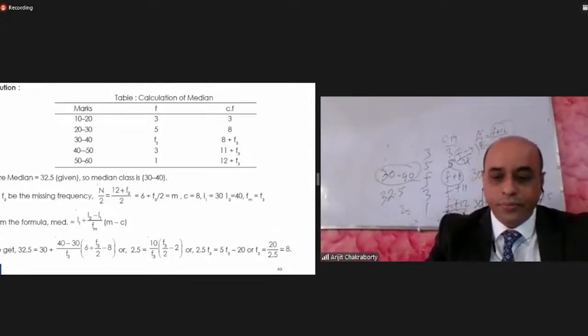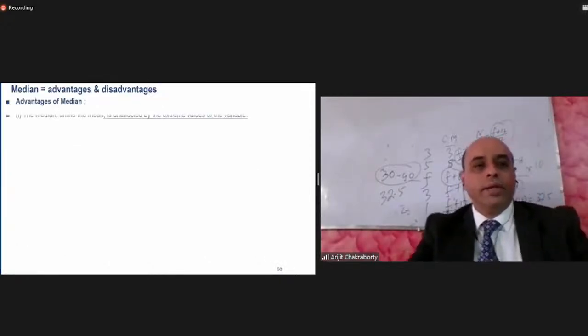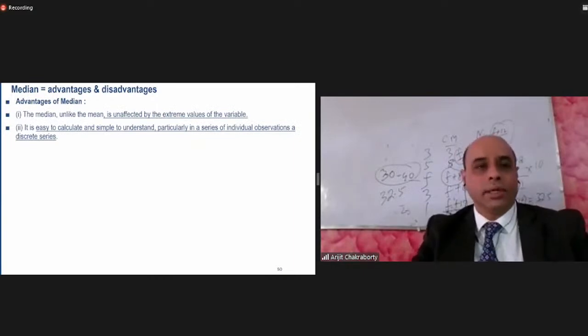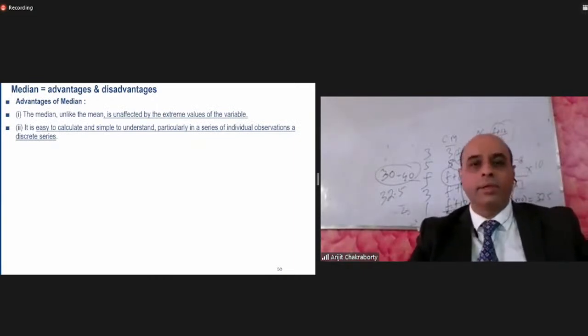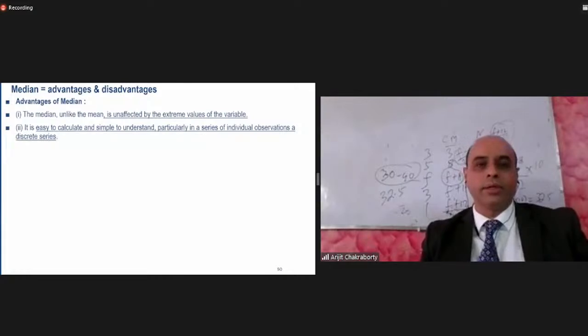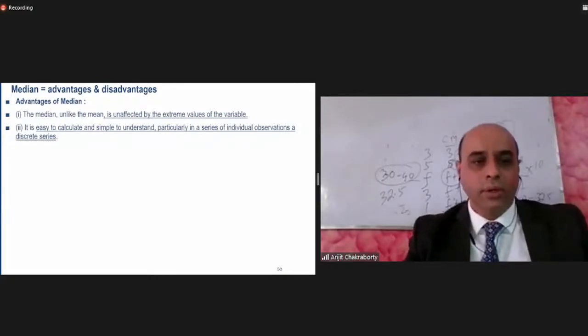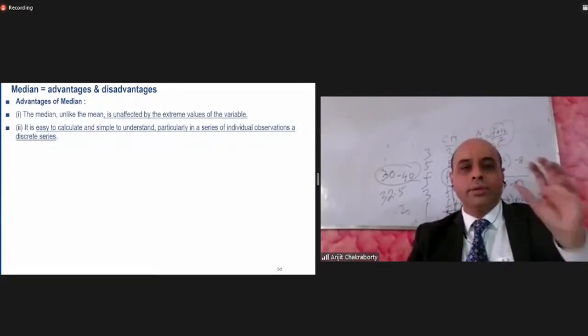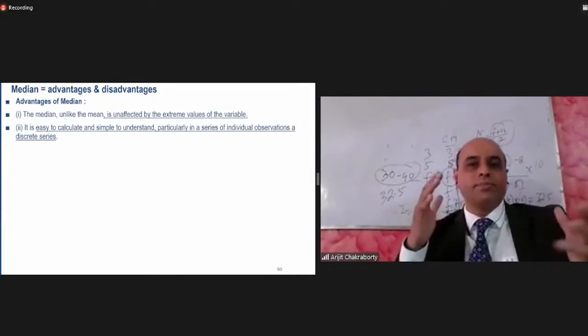And finally, the median's advantages and disadvantages. Median is unaffected by extreme values. That is the first part of it. It is easy to calculate and simple to understand, because it is a positional value.